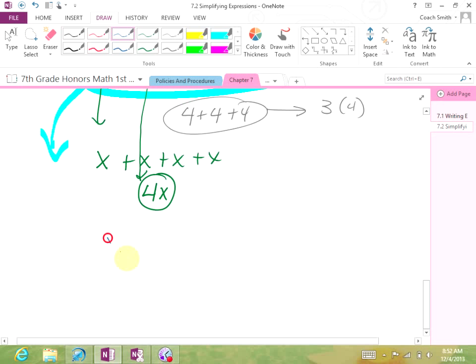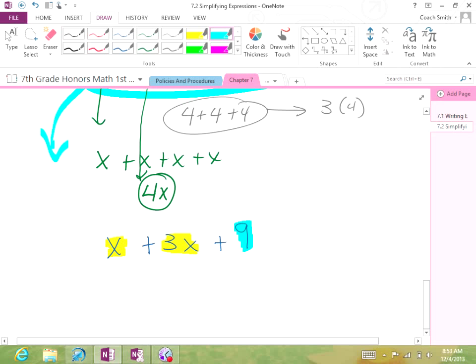one more thing. Let's go x plus 3x plus 9. Okay? What are the like terms in this problem? 3x and 9? 3x and x. This and this are exactly the same. This is not alike.